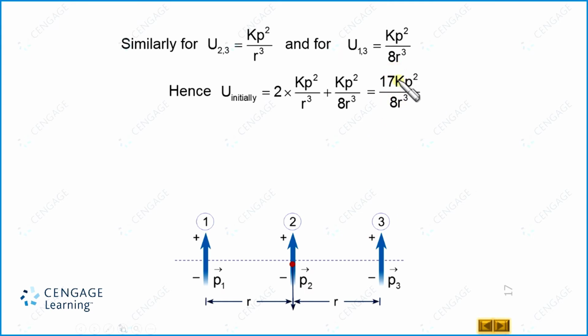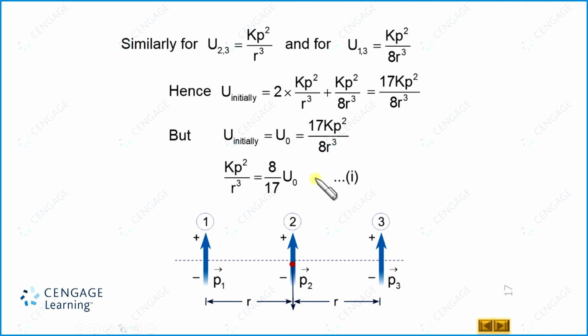That means this value is equal to U naught. Now from this we can find the value of kp square divided by r cube. This is equal to 8 U naught divided by 17. Let this be equation number 1.